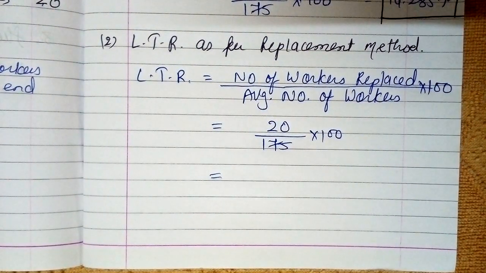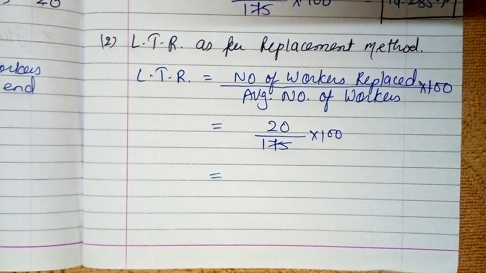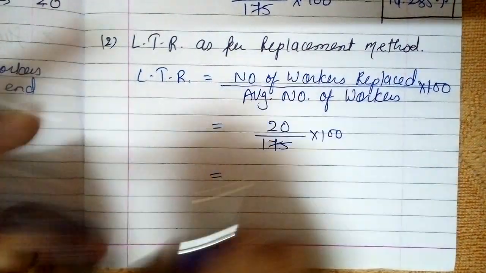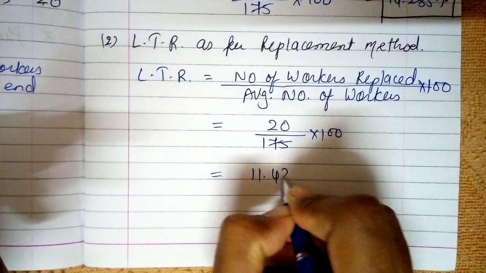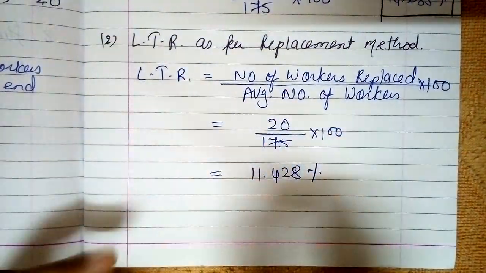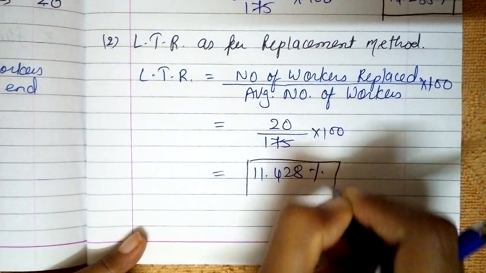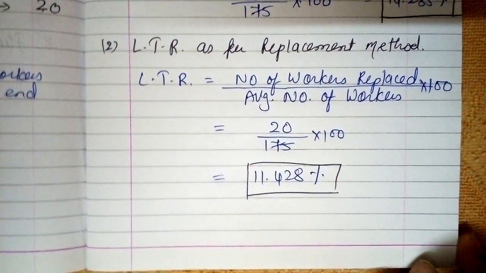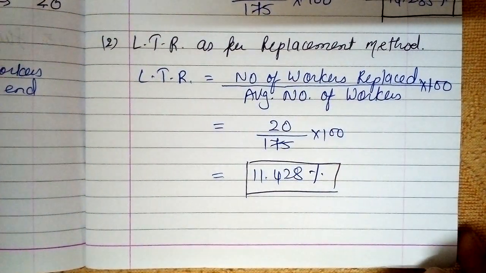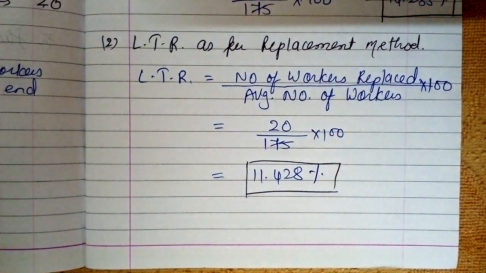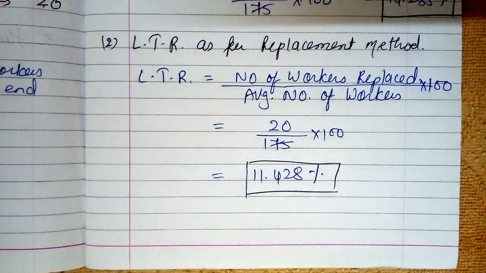That is 20 divided by 175 into 100. So that is 11.428%. So we can say that on an average 11.4% of the workers are newly appointed, right?